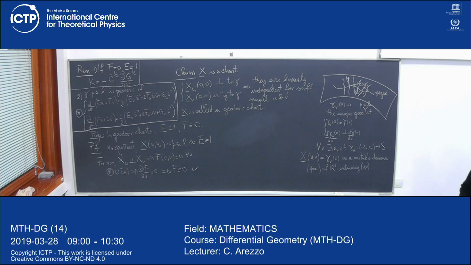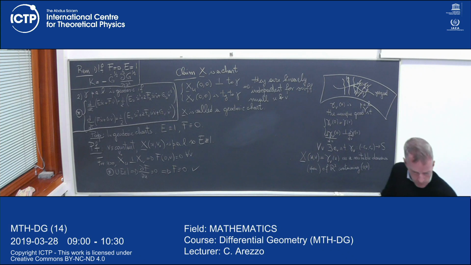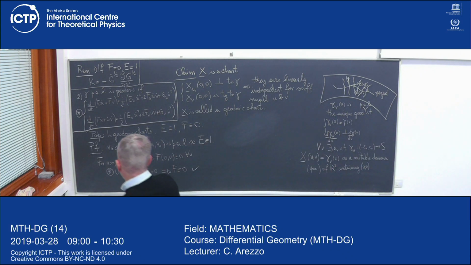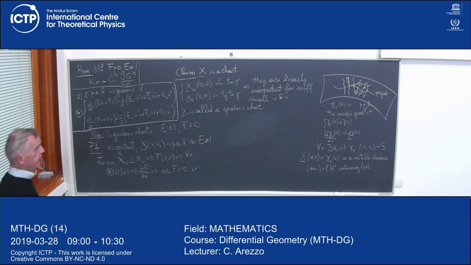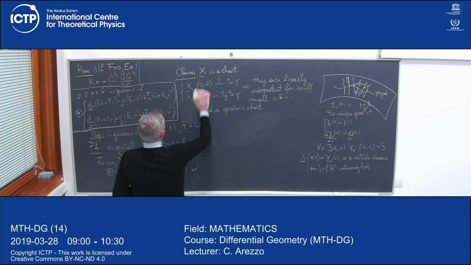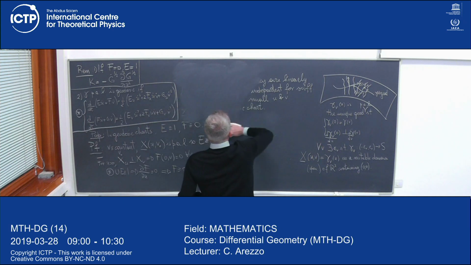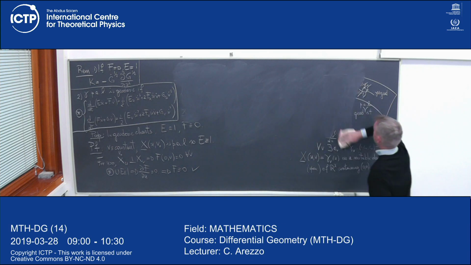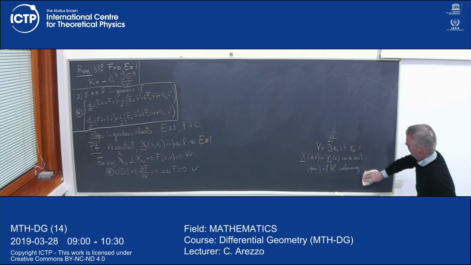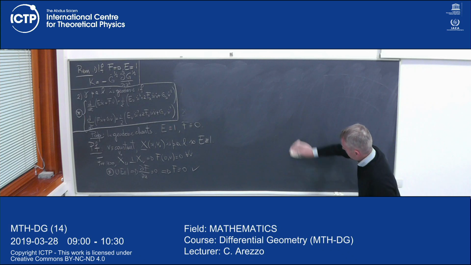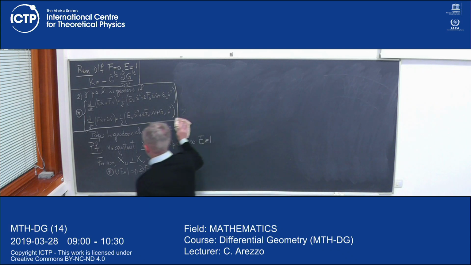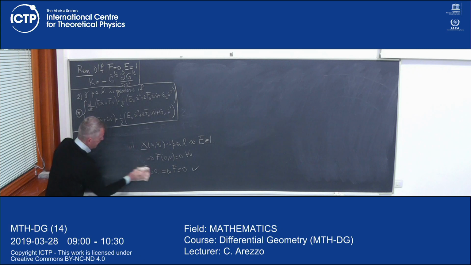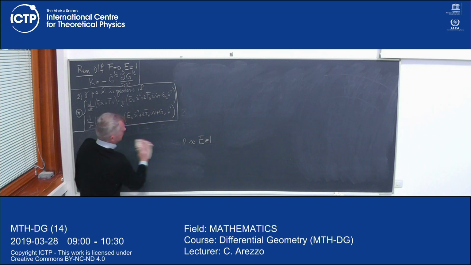Now, before making examples and computations about geodesics, let me show you a very nice, immediate application of this construction. In fact, we can classify immediately surfaces of constant Gauss curvature.